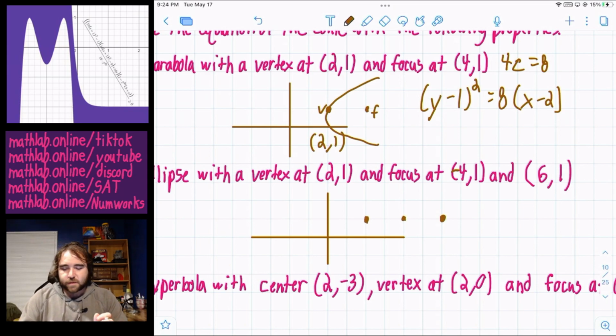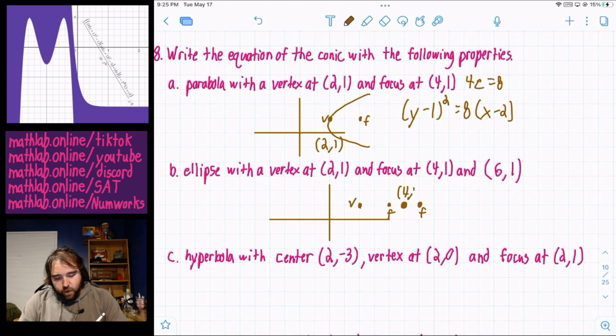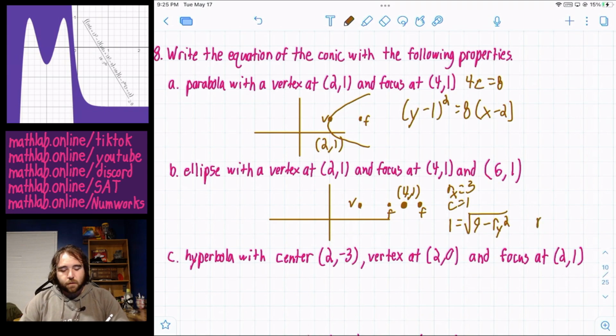That's not messed up. This is our vertex, this is our focus, this is our focus. That totally makes sense. So this is 1, that's our center. 4 comma 1, we can see that our Rx is the distance from the center to the vertex, so that's 3. Our C value, we can see is 1, so we know 1 is the square root of 9 minus Ry squared.